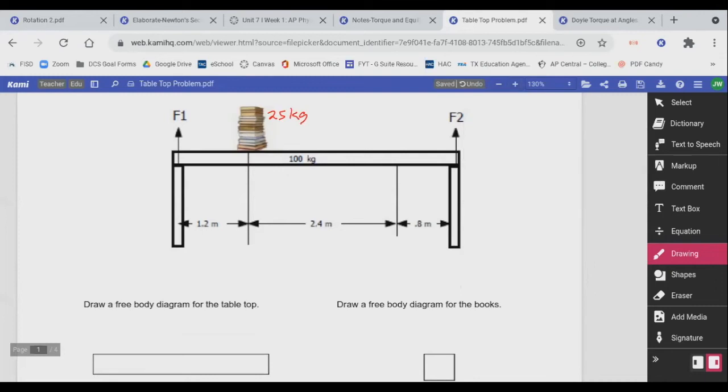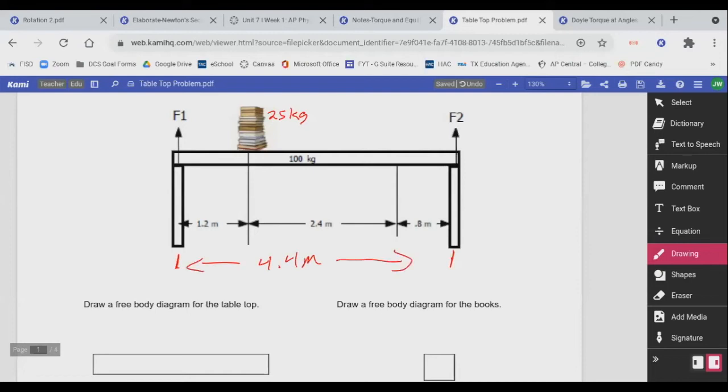Let's add these up real quick. So the total length from here to here, let's see, we have 1.2 plus 2.4 plus 0.8. That's 4.4? Yeah, 4.4 meters from there to there.